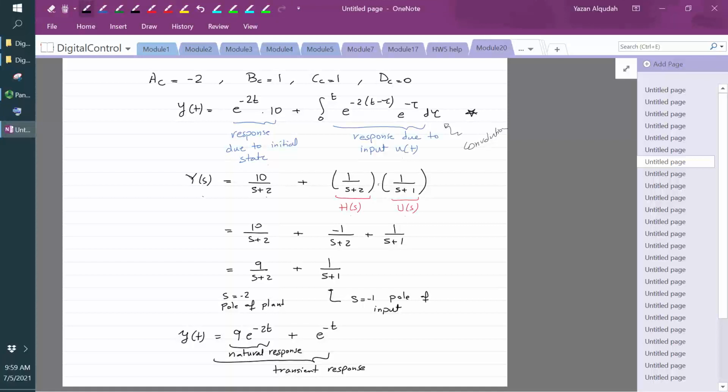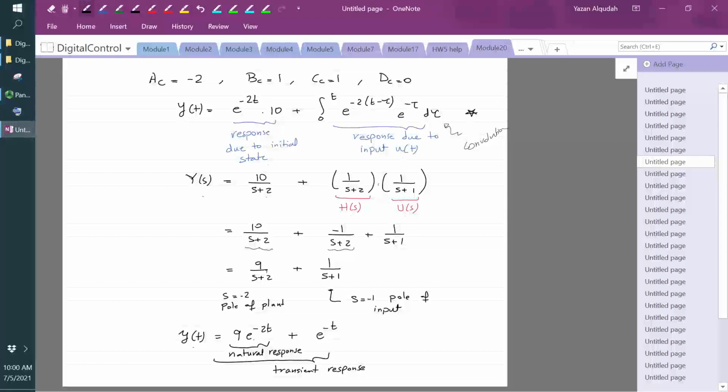Okay, so therefore y of s is going to equal these three terms. Now I can simplify, since these two have the same denominator, I can add them together. 10 minus 1 is going to give me the 9, and this is going to stay 1 over s plus 1. Now if I look at this y of s, I can take the inverse Laplace and get y of t equal to 9 e to negative 2t plus e to negative t.